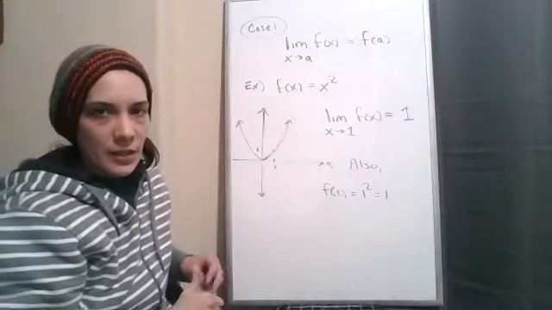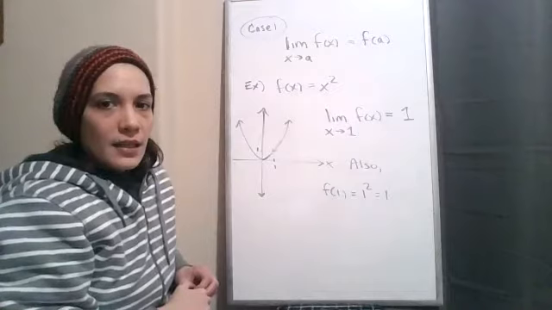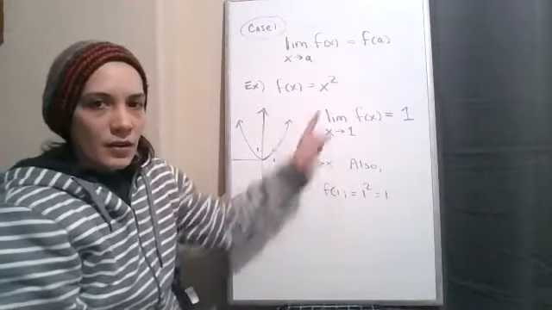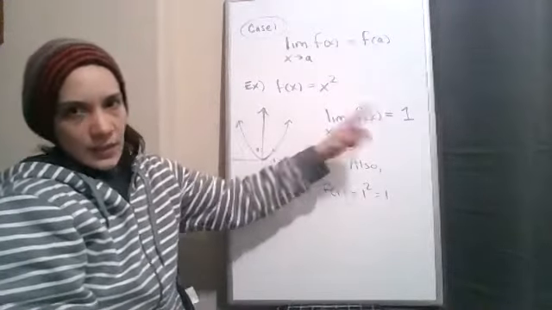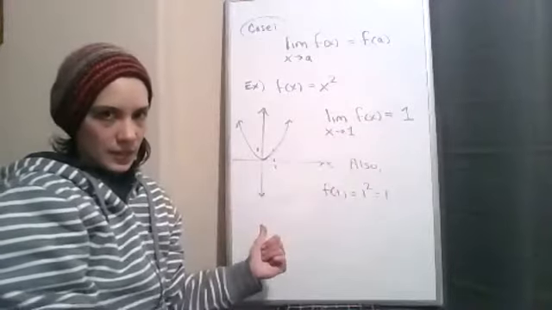So this is one situation that will happen. f of 1 equals 1. Also, the limit as x goes to a of f of x equals 1. Case 2.